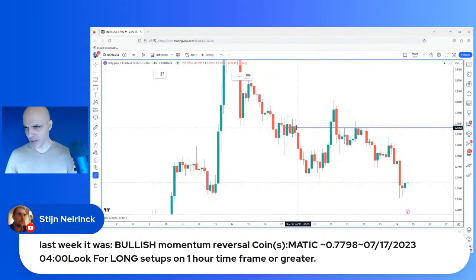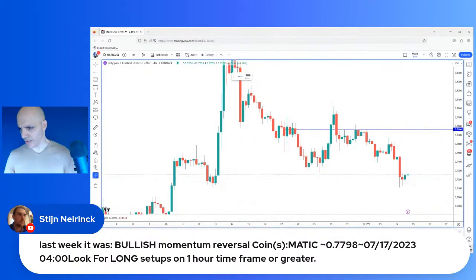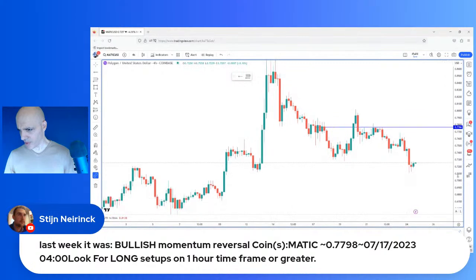Does that make sense? If I subtracted 50 cents from that, I'm just going to use 50 cents. So a 25-cent stop, we're nowhere near that.